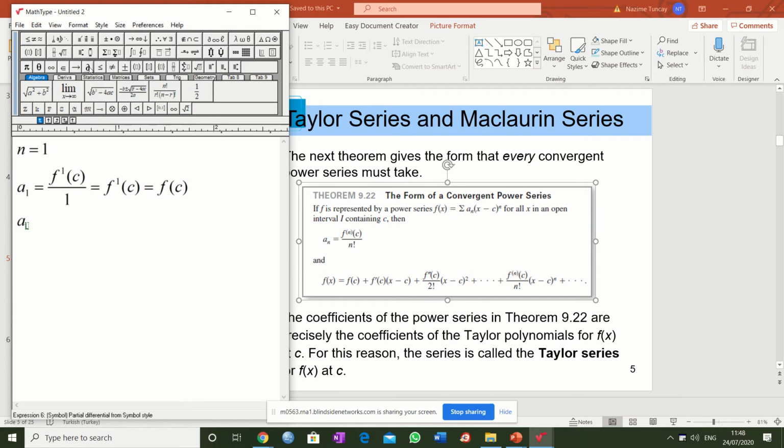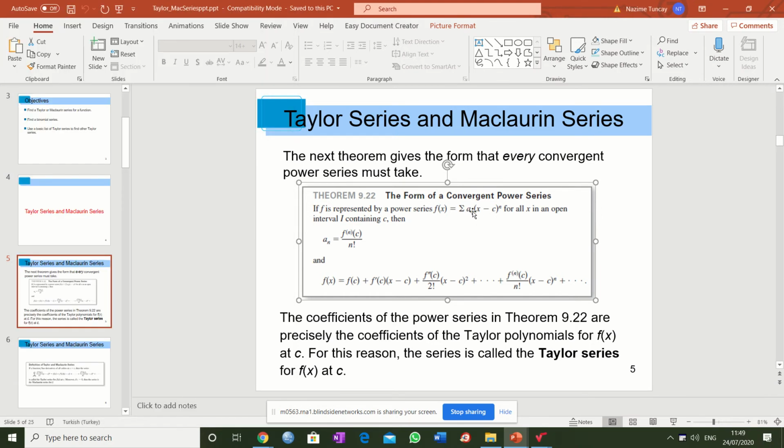Let us see what the second term is. The second term, a_2, equals: we are going to insert 2 here, so it is the function f to the power 2 of c, over 2 factorial.